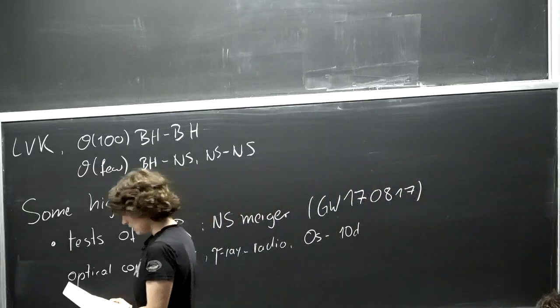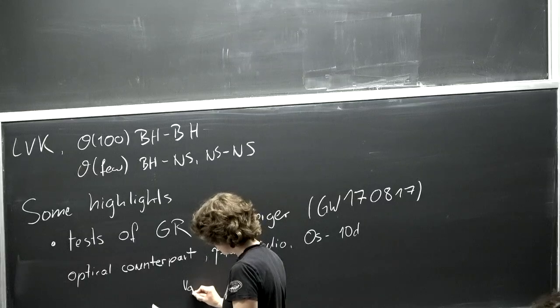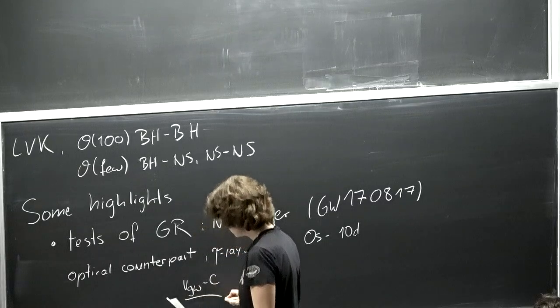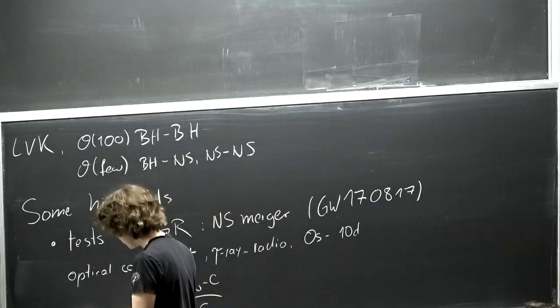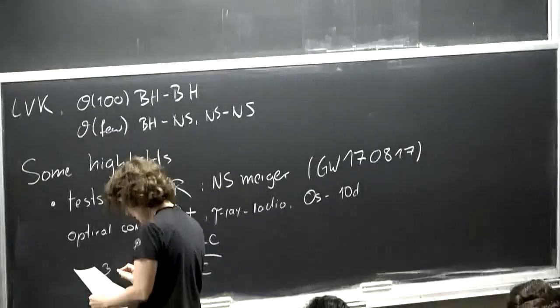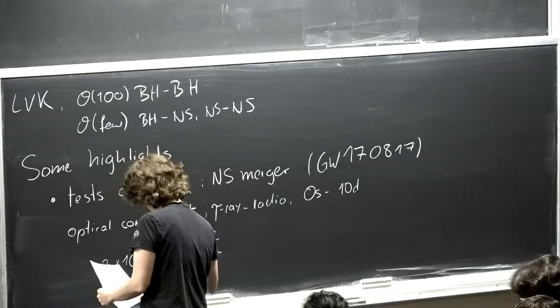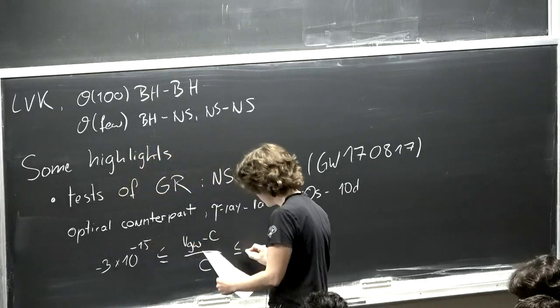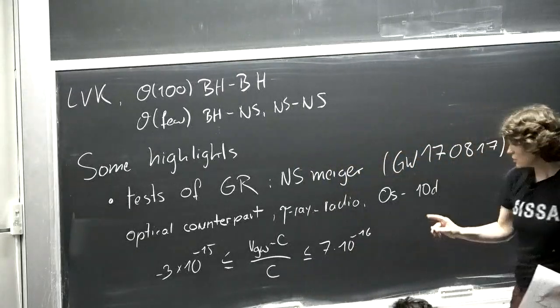But what you learn is that the difference between the travel speed of the gravitational wave and the speed of light has a lower bound of -3 times 10 to the minus 15 and an upper bound of 7 times 10 to the minus 16. This is a super stringent bound.